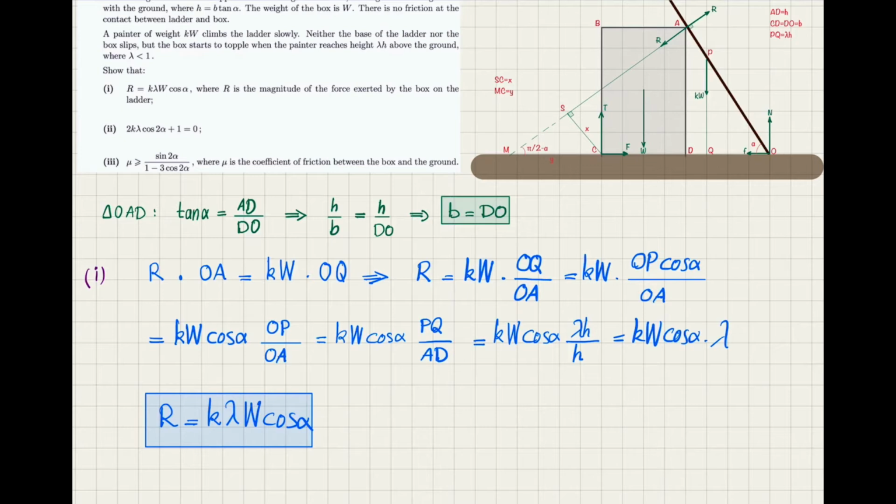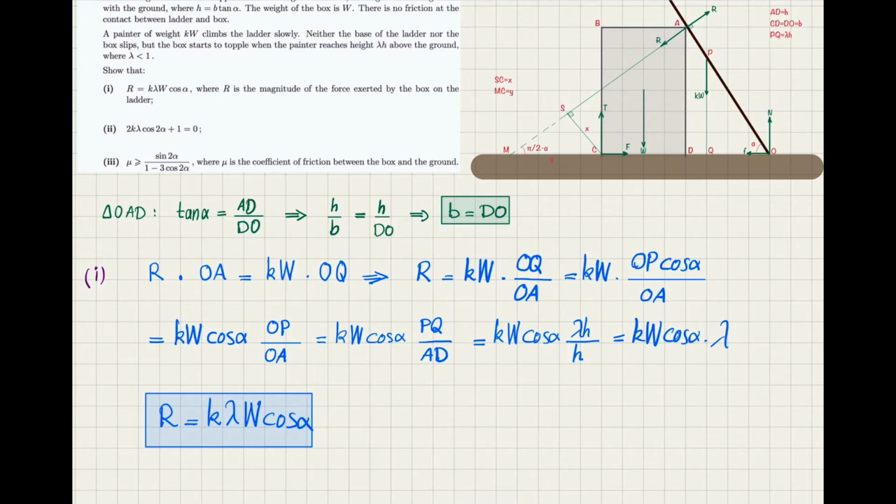So first I need to know the forces acting on the box immediately before the box starts rotating about this point C. At that moment, the forces acting on my box is of course the weight W, and then the reaction of the ground, which can be resolved into two components. One of them horizontal, one is the friction force, and the other one is the normal force.